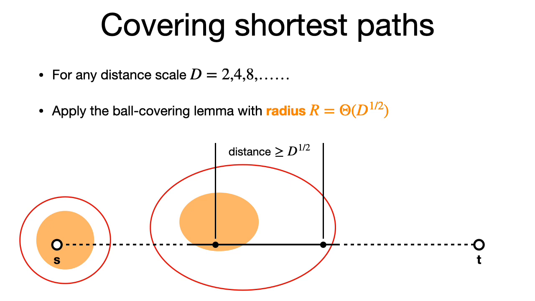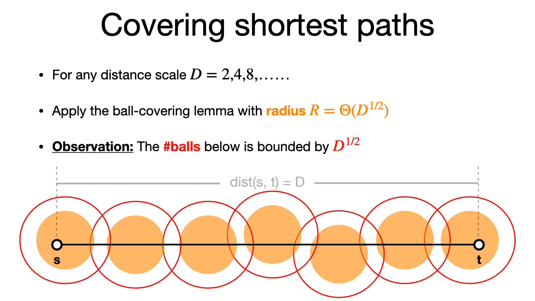Now, because the radius gap between the core and the shell is at least root of d, we know that the distance between the two consecutive vertices is at least root of d. Each time we find a new ball, we move forward for at least root of d steps. Since the total length is d, the total number of balls in this picture is at most root of d.